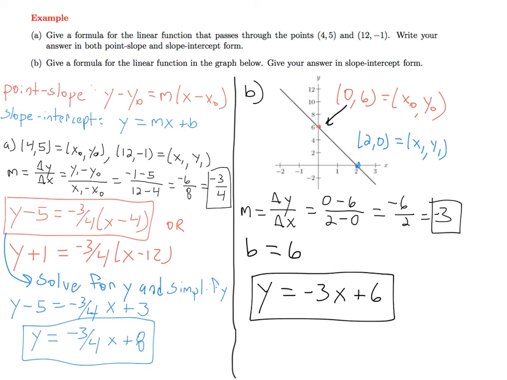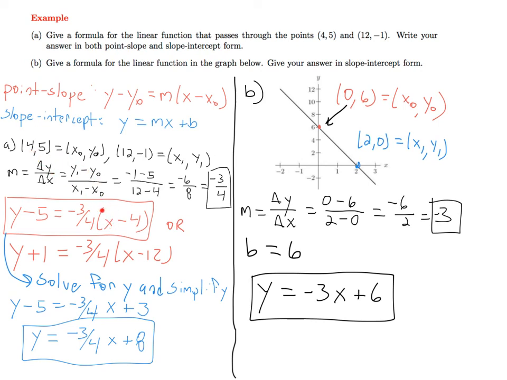And it's not a bad idea to check your answer in the end. So if, for example, I substitute 0 in for x, yes, my output is 6. When I substitute 2 in for x, my output would be 0. So that checks out. And we could have done this in part A as well, meaning I could take my point (4, 5), plug it into, say, the point-slope form that we had over here.